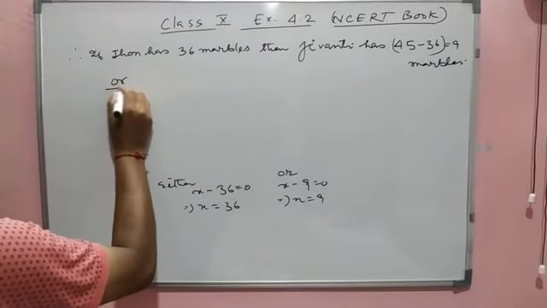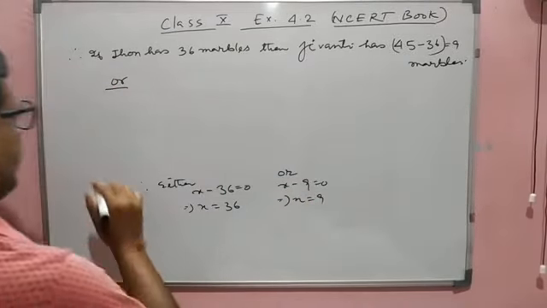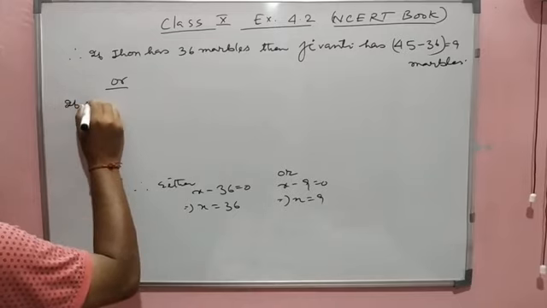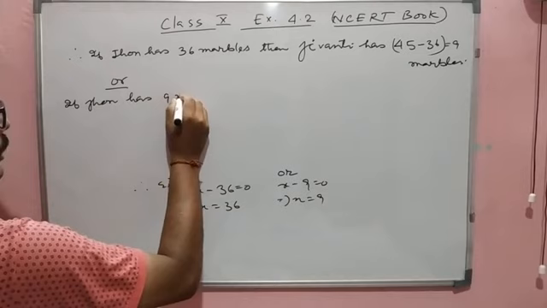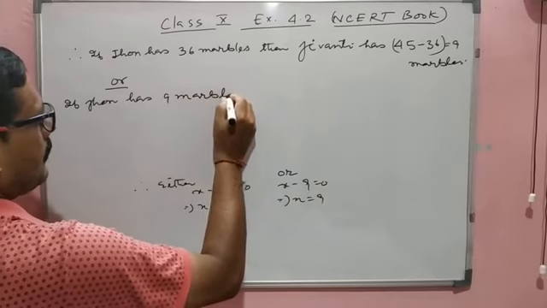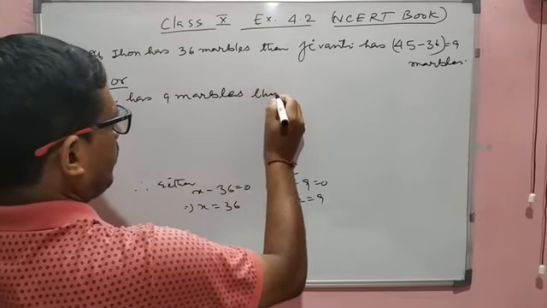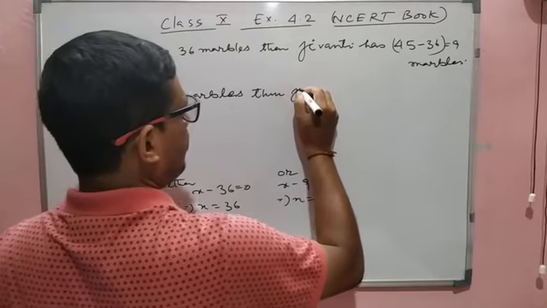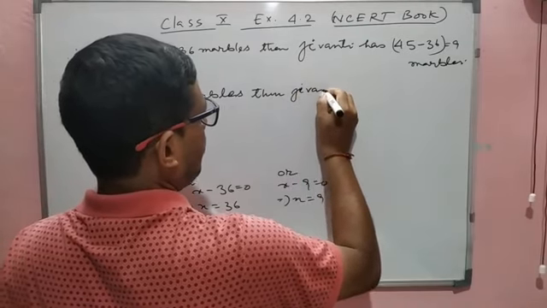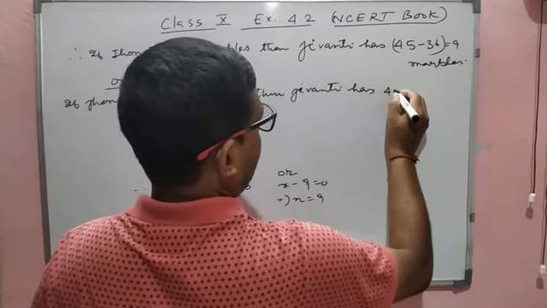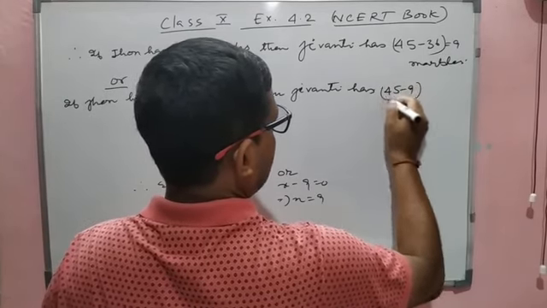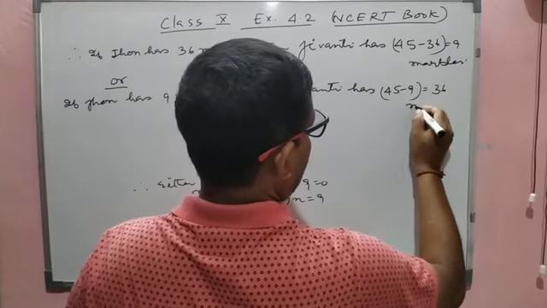Or if John has 9 marbles, then Jivanti has 45 minus 9 equal to 36 marbles.